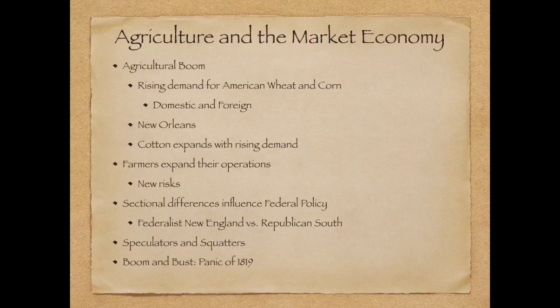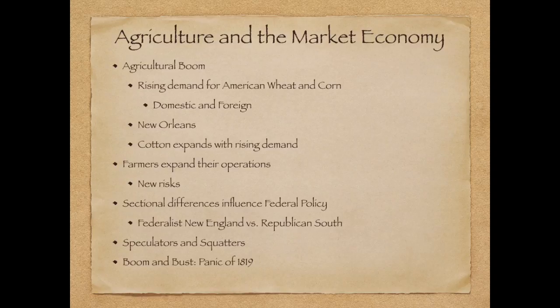This assumed that farmers who shared ties based on religion or geographic origin would band together to purchase sections. The sections were normally rather large, about 640 acres. The goal was then for compatible settlers to live on adjoining lots in what would amount to rural neighborhoods, thus making the task of government in those territories easier.